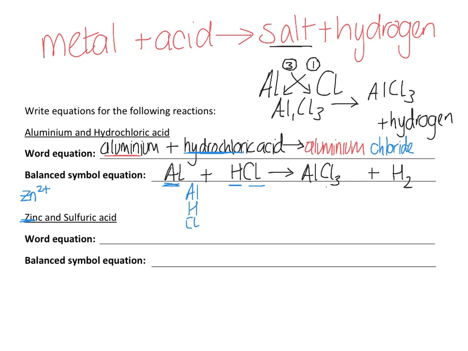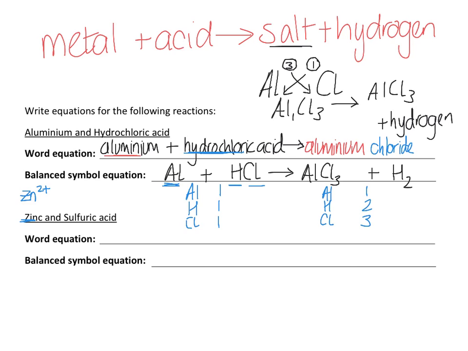I then copy that list on the right hand side, Al, H and Cl. And then I count up how many of each type of element I have on the left hand side. So I have 1 aluminium, 1 hydrogen and 1 chlorine. On the right hand side I then have 1 aluminium, 2 hydrogens and 3 chlorines. So you can see that my equation is not balanced.